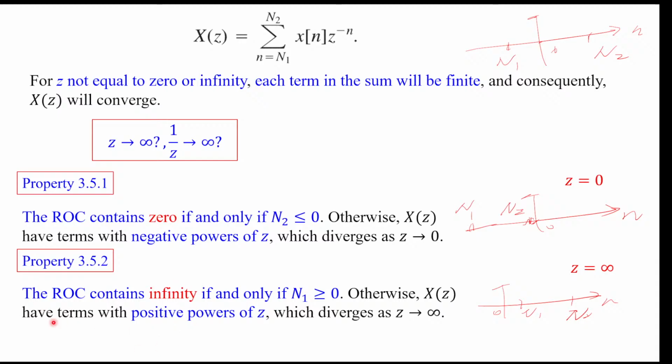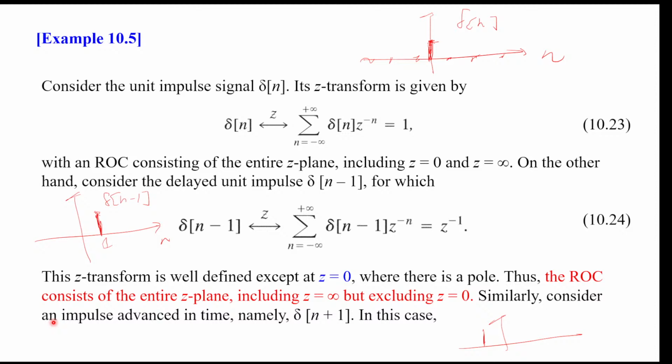We go to this example: basically the only function with an ROC containing both 0 and infinity is a function that only has a value at n equal to 0, this delta[n]. We see that indeed the transform is 1, and it converges on the whole plane. Then if we do a time shift, now we have delta[n+1].